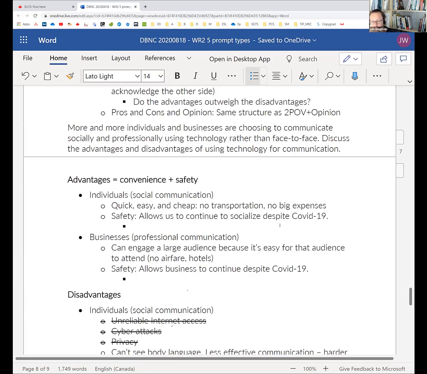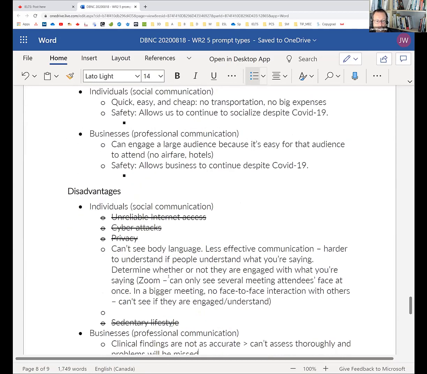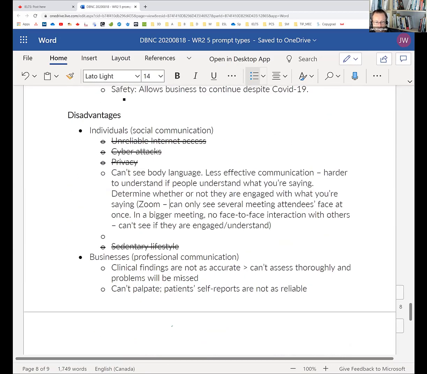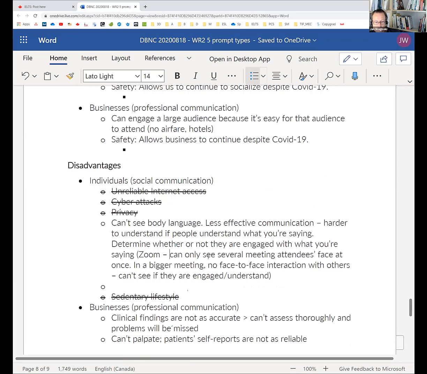I still would like us to come up with something that's focused on the quality of the communication itself. This example, the clinical example, is perfect.